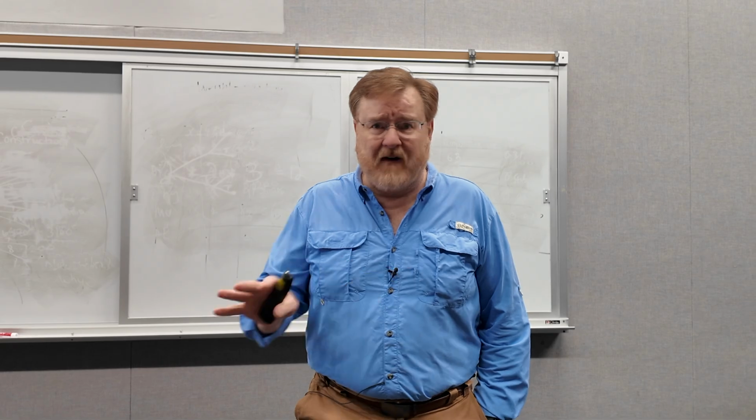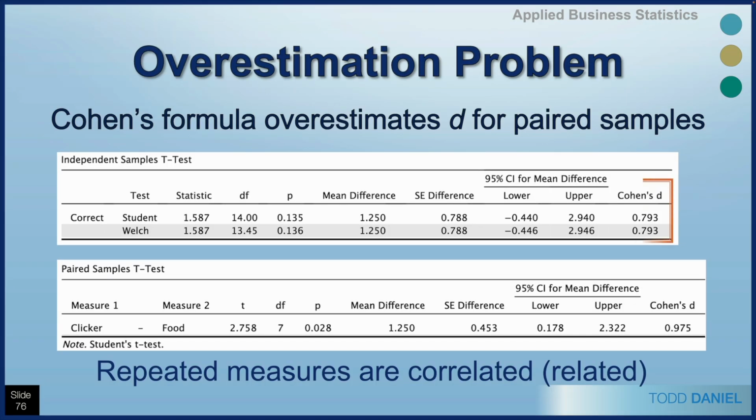Let's look at these findings. For the independent samples t-test, our Cohen's d is 0.79, but for the paired samples t-test, Cohen's d is 0.97. That's a dramatic difference in effect size, especially when you consider that the mean difference of 1.25 is exactly the same for both of these tests.